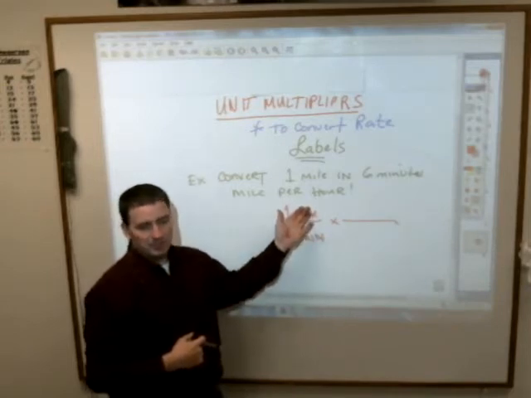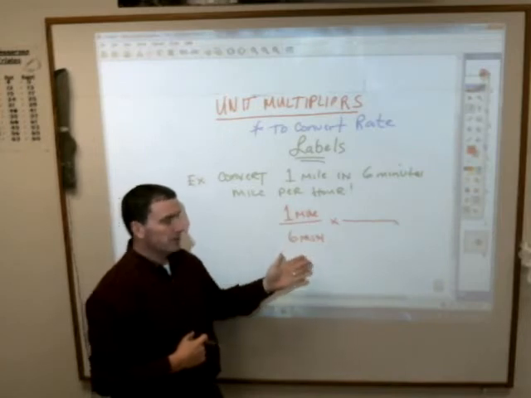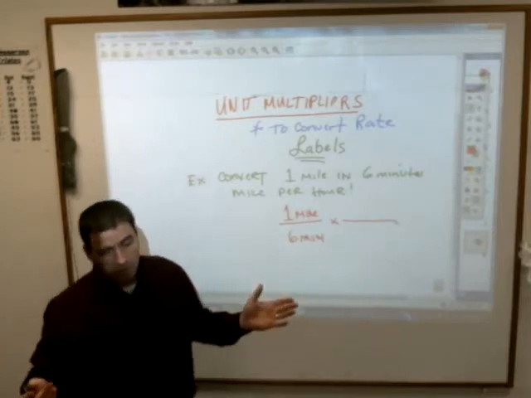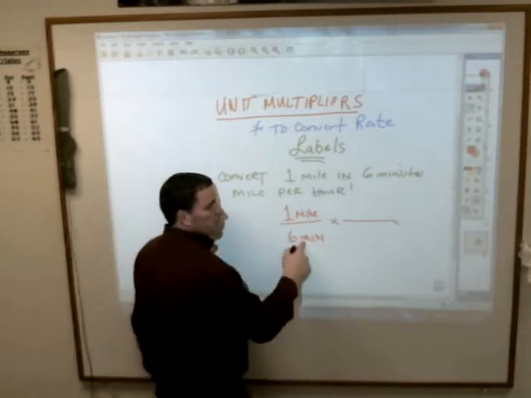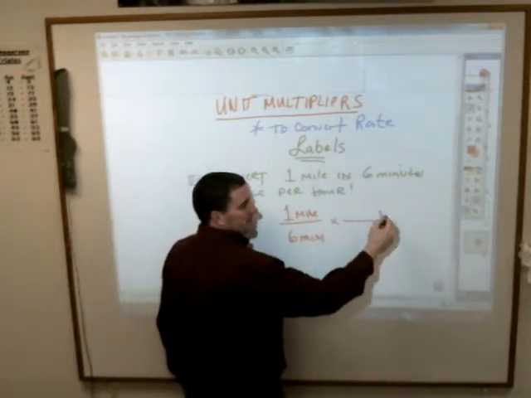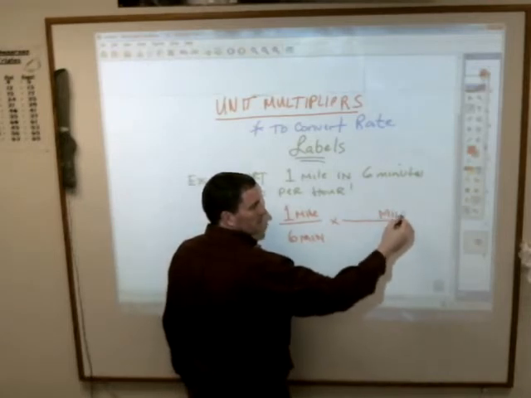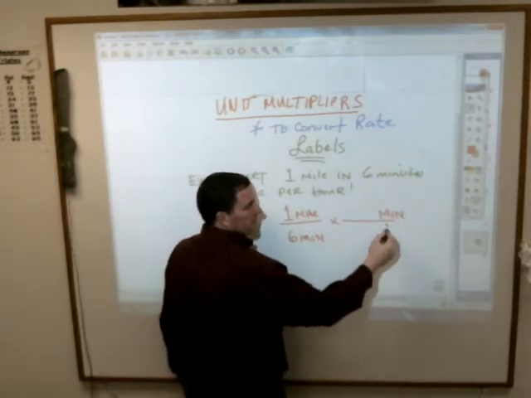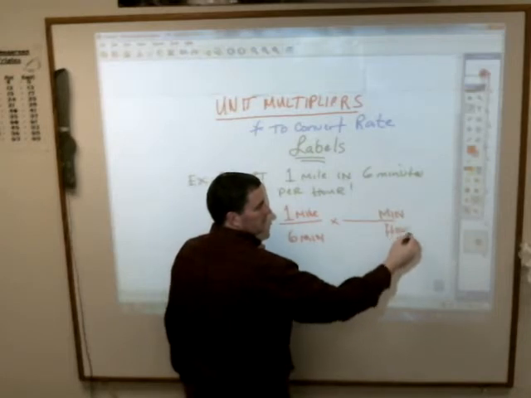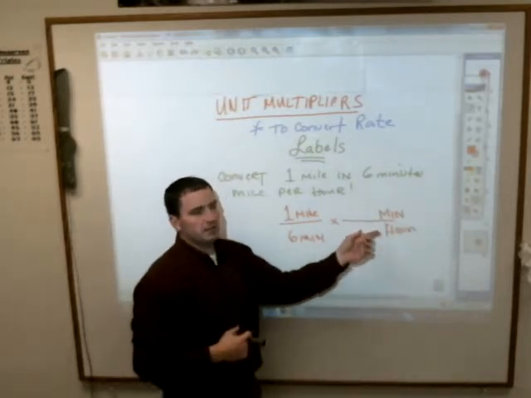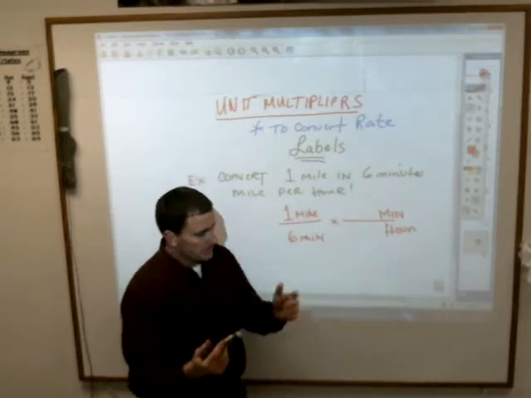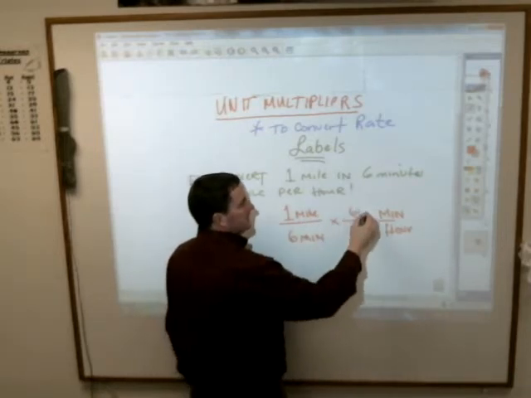My miles is okay because I want miles per hour. So you just need to know what the conversion is for that. Remember the rule, if it's on the bottom, you want this one to cross off, it needs to be on top over here. What am I changing the minutes into? Hours. And you just need to know the conversion. Are there 60 minutes in an hour or 60 hours in a minute? There are 60 minutes in 1 hour.